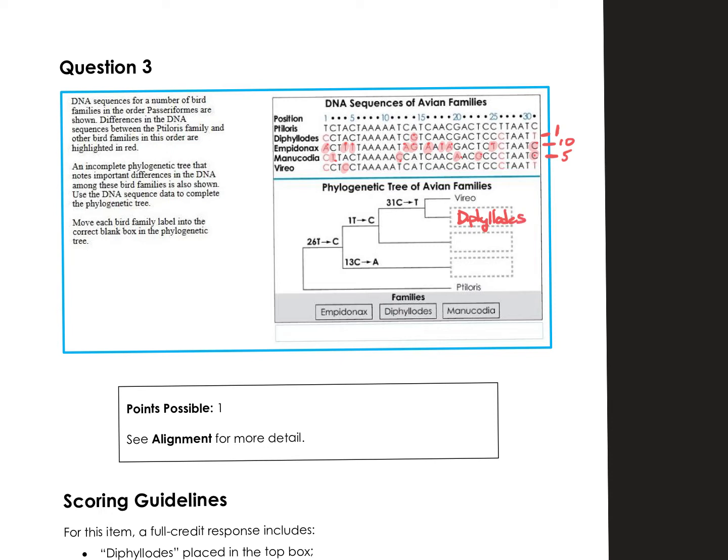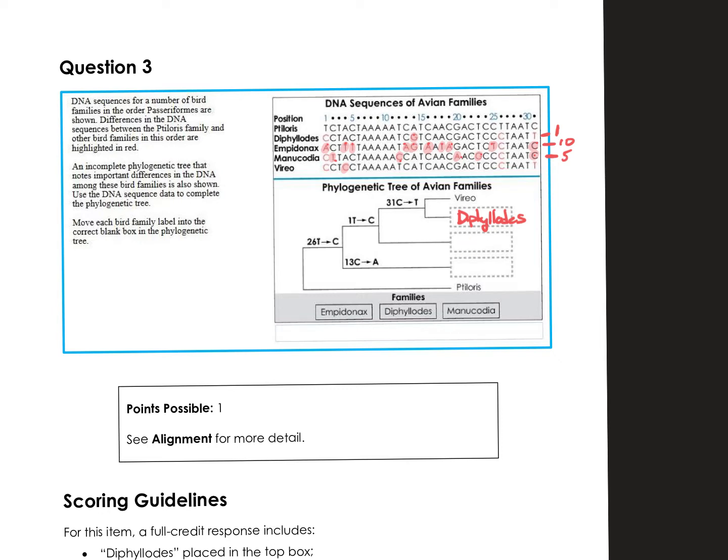Now in the next box down, this one is much further away. Look at it. This one's further away from Vero than this one. So the next box is the one that's next furthest away from him. So that's the next least amount of differences. Diphyllodes, remember, only had 1 difference. Which one of these differences would bring that family of birds or avians here in this spot?